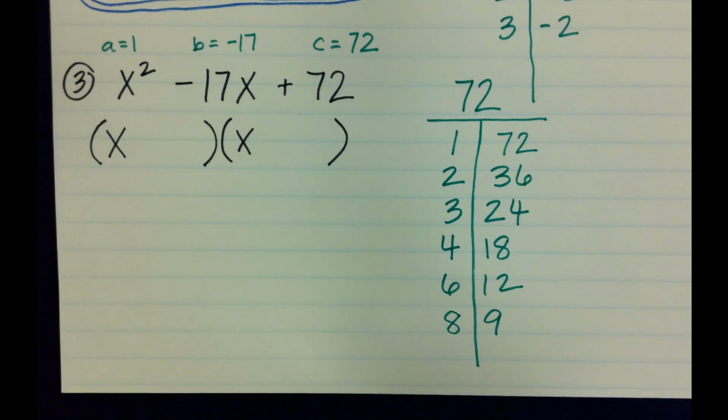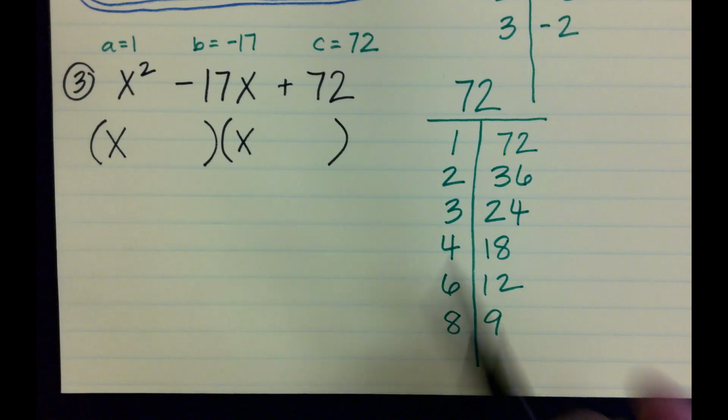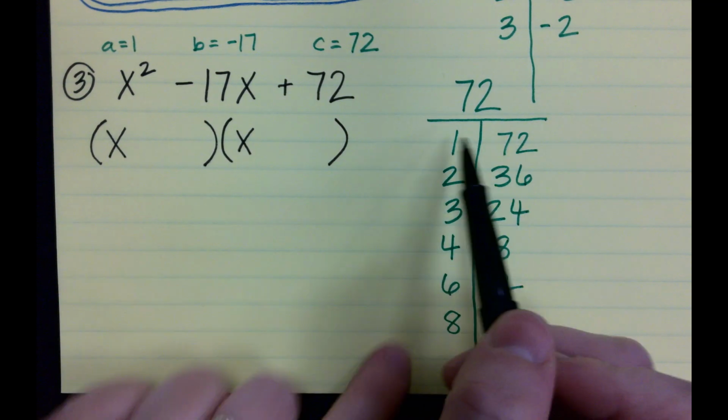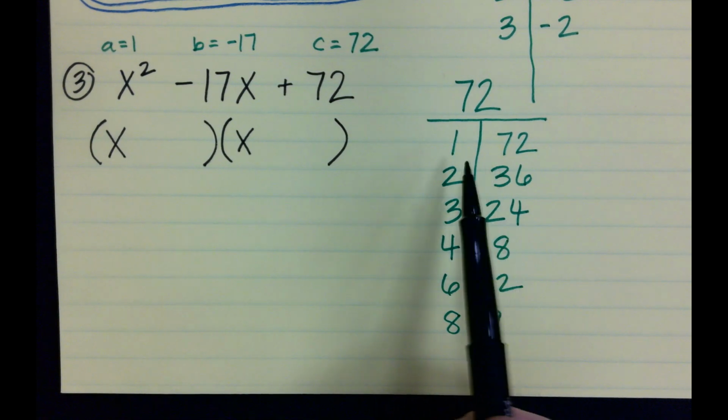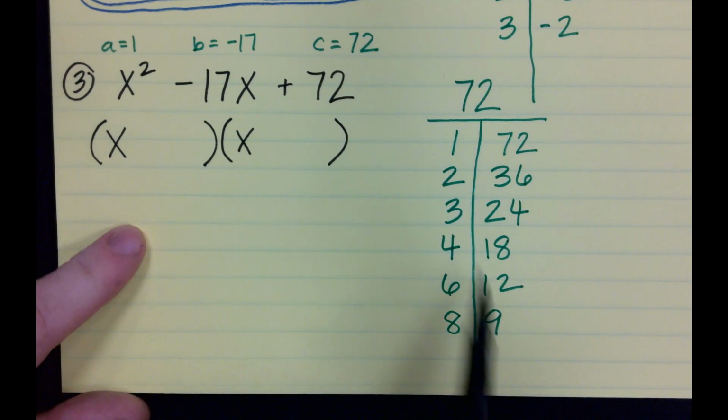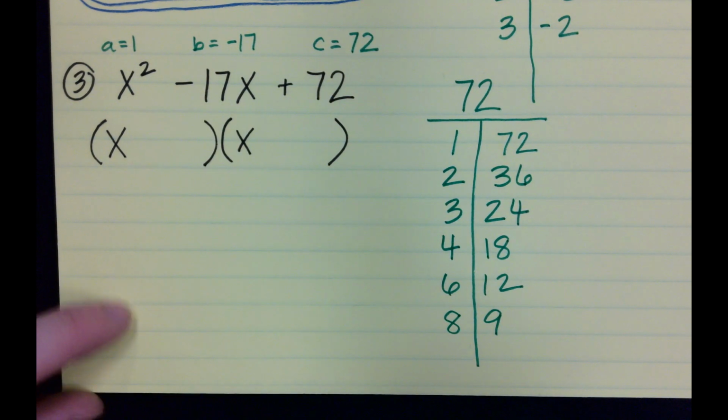Okay, so we have all the factors of 72. Now, we want to add all these numbers together, each set, and let's see which of these sets are going to add up to negative 17.